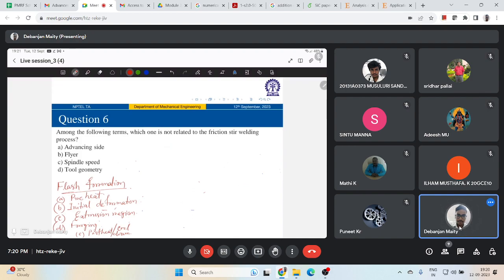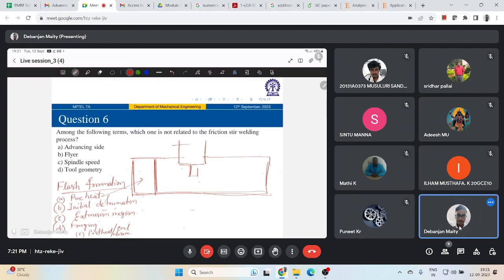If you have the shoulder and the pin here, and I'm drawing the 2D view, the most left will be the preheat zone.